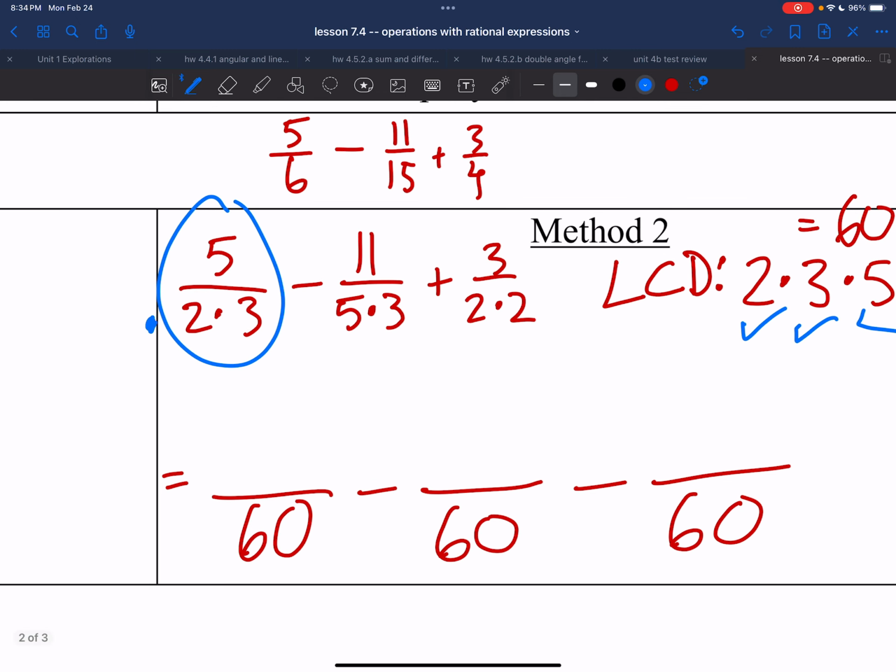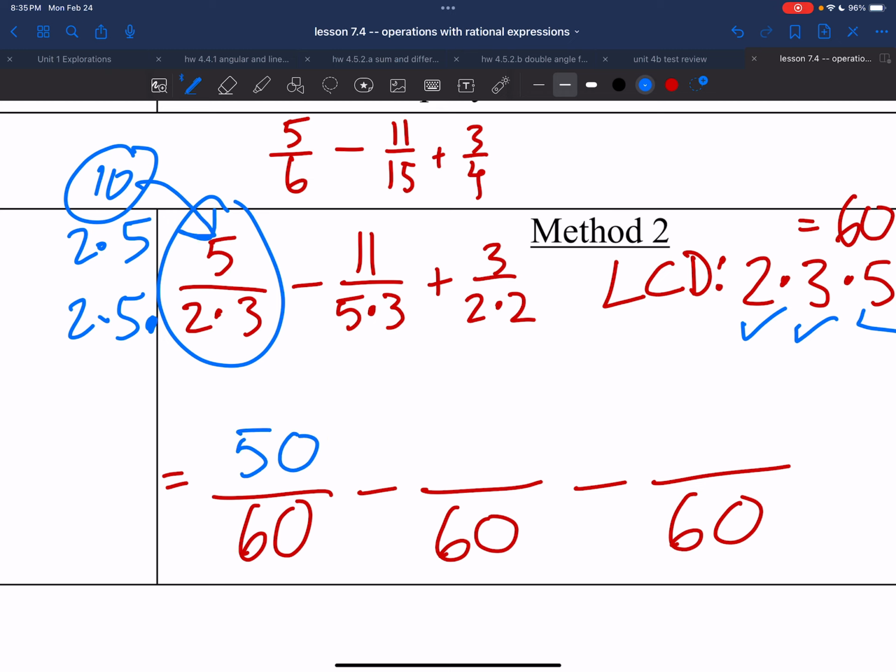So you would multiply by 5 and 2 on top and bottom. You know what 2 times 5 is? It's 10. So this 10 multiplies this 5, getting you 50. You are doing that to the bottom too, 2 times 5 times 3 times 2, but that's just 60, and we already knew that.